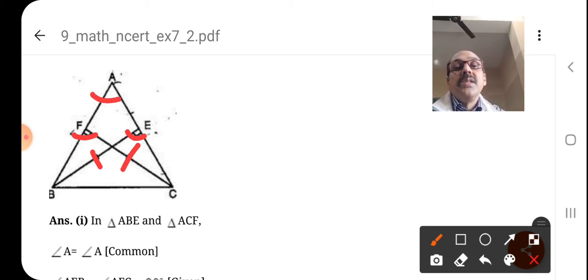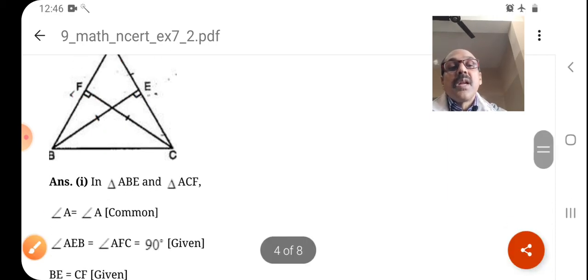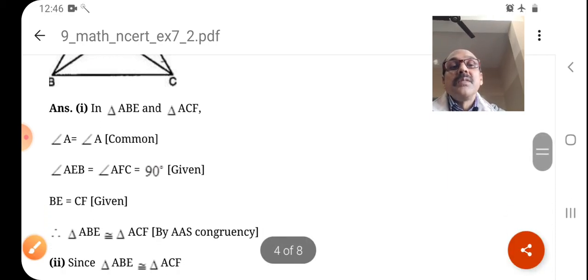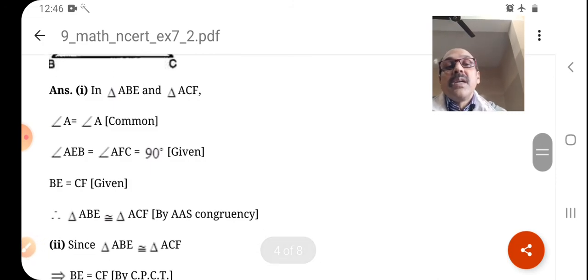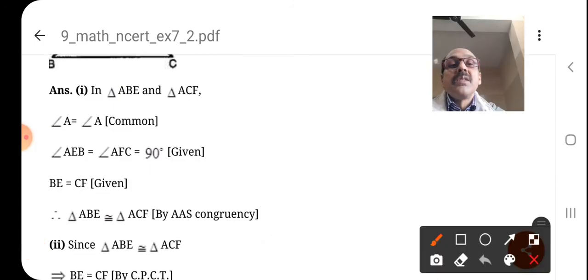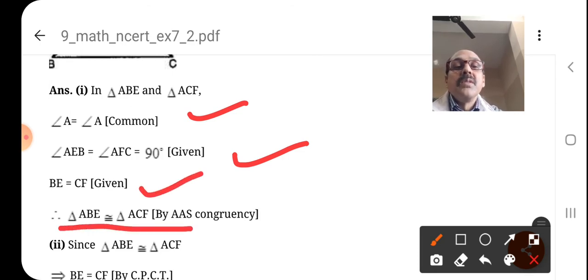So from these two triangles ABE and ACF we get these three conditions. So by angle angle side congruency, because two angles and one side, ABE is congruent to ACF.